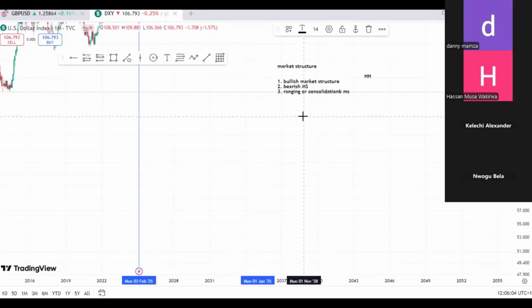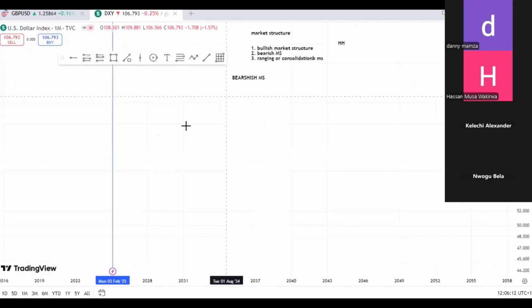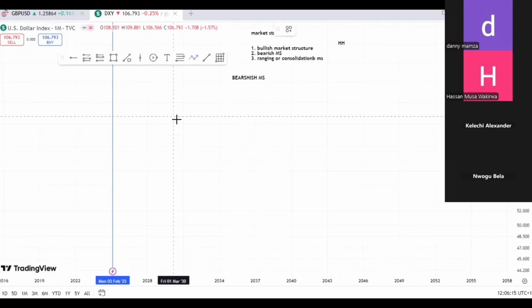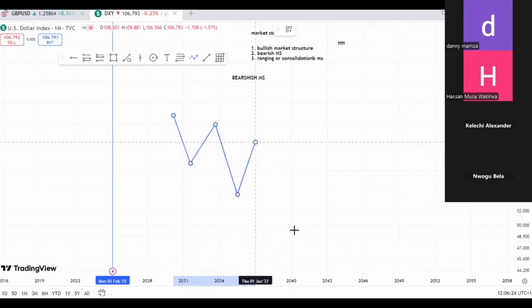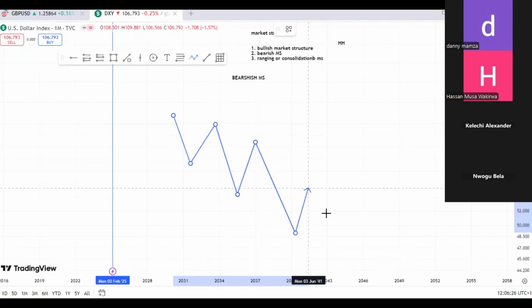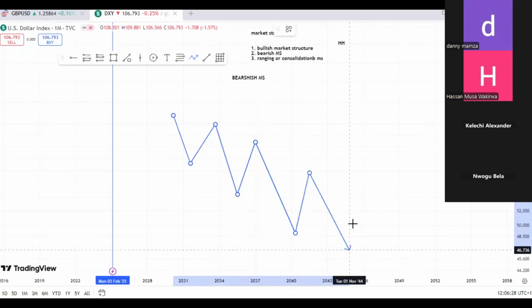So I will explain it for a bearish market structure. You see the market moving in waves like this. It's forming lower highs and lower lows, lower highs, lower lows, lower highs, and lower lows.